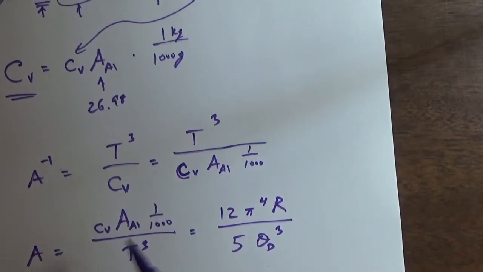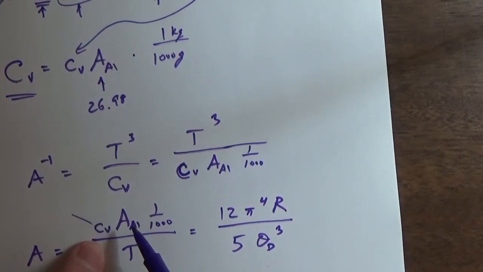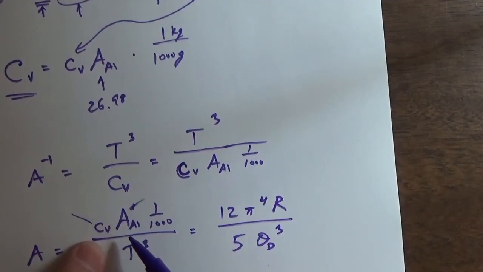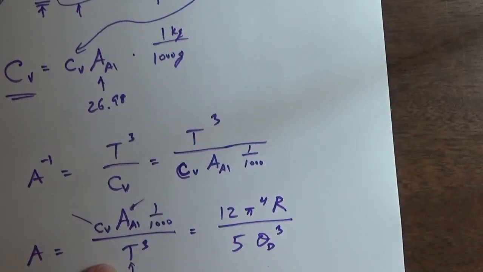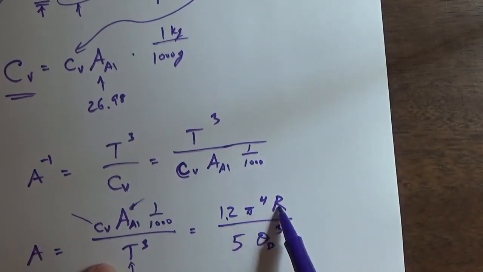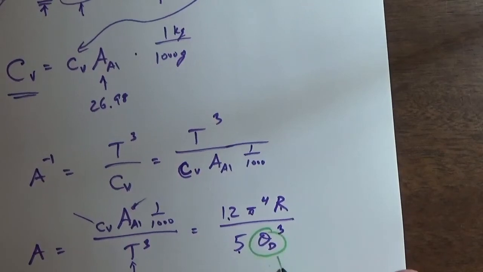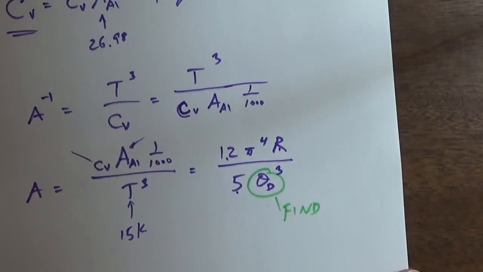So now we have the specific heat, we have the atomic mass, we've got a conversion factor. We're given 15 K. We've got 12 pi. We've got the gas constant. We've got 5. So we're trying to find the Debye temperature.